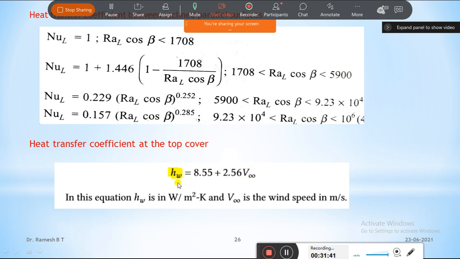In some equations, hw equals 8.55 plus 2.56 V infinity is also taken. In this equation hw is in watt per meter square Kelvin and V infinity is the wind speed. Wind speed also contributes to that equation.